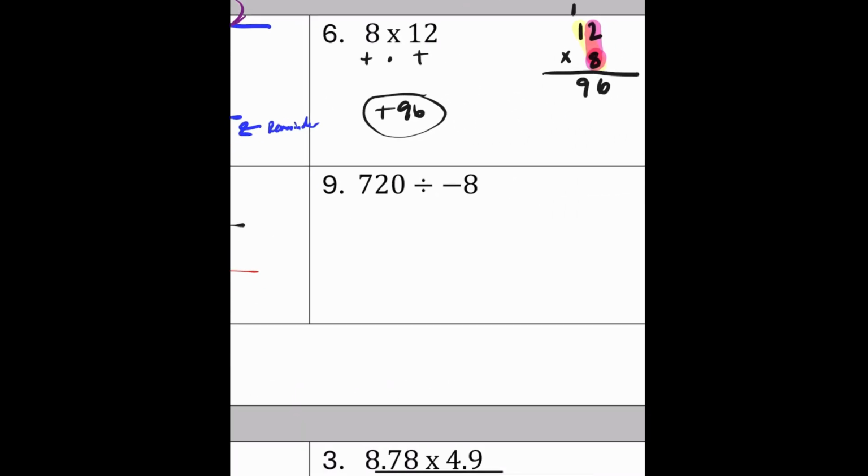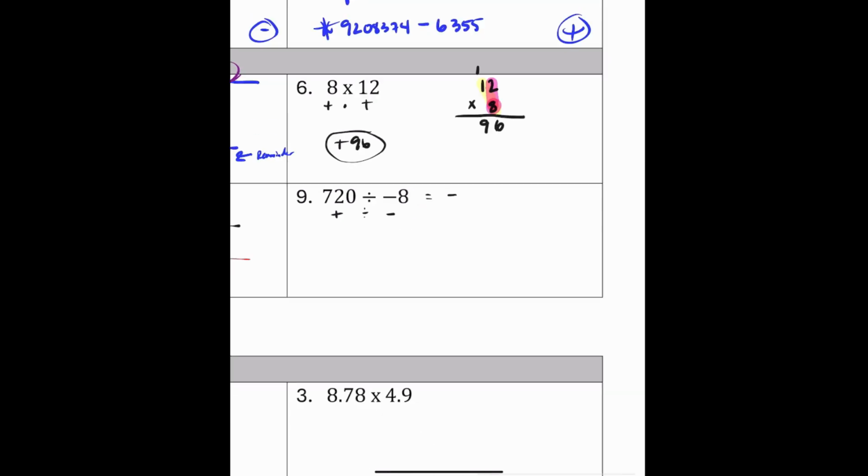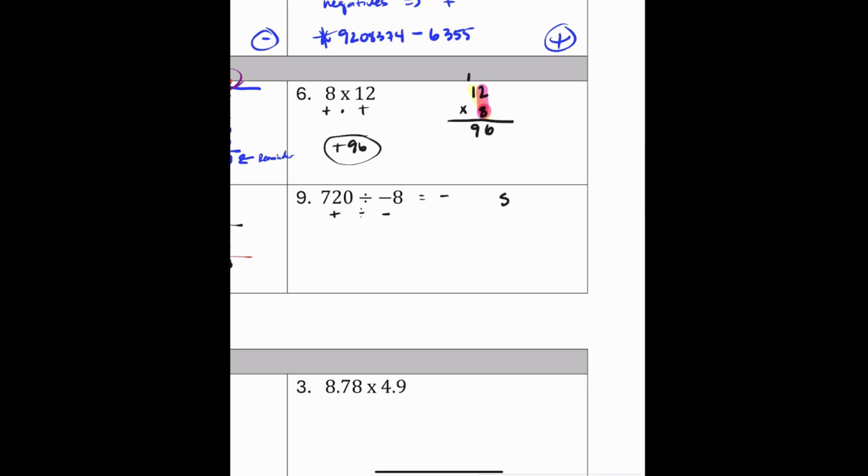Number 9, we have 720 divided by negative 8. So we have a positive divided by a negative, right? So our answer is going to be negative. So what we're going to do is, since the number that's after the division sign, we need to make sure that it's going to go outside of the division symbol, right? So 8 goes outside.